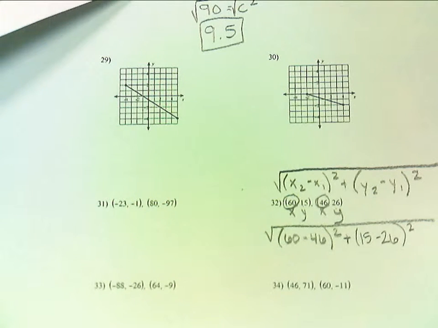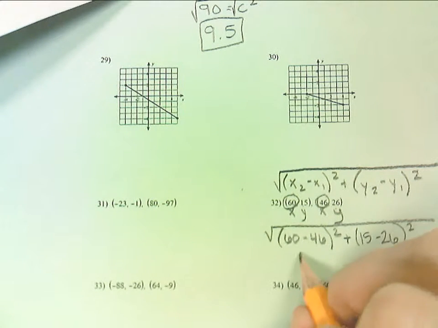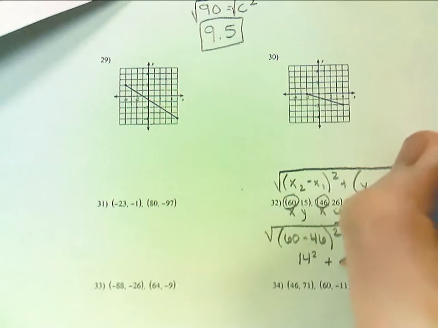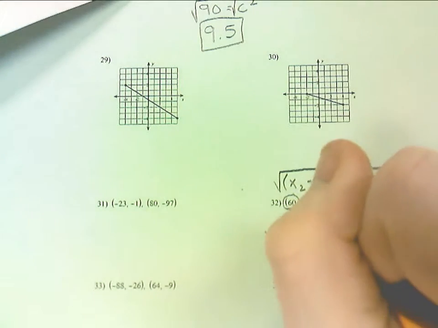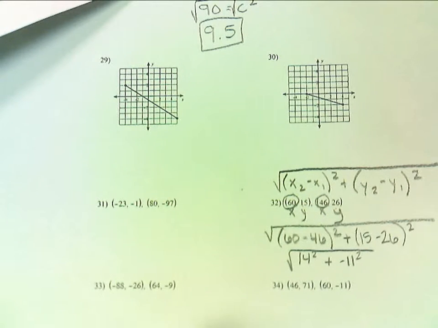Now we need to simplify. 60 minus 46 is 14, and 15 minus 26 is negative 11 squared. Okay, now we need to do our exponents to simplify even further. 14 squared is 196. I'm going to write it out here to the side.